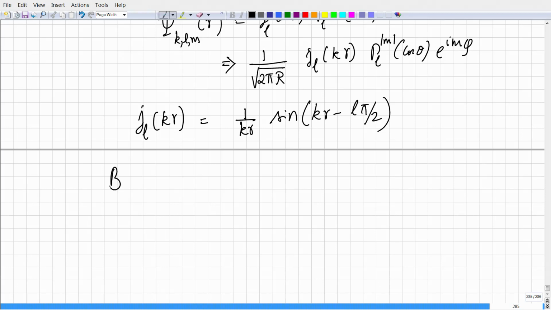The values of k are determined because the wave function has to vanish on the surface of the sphere.